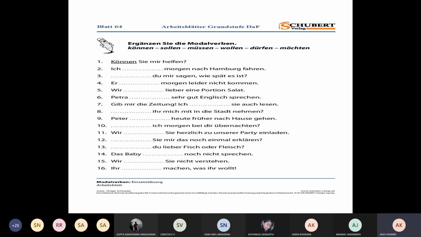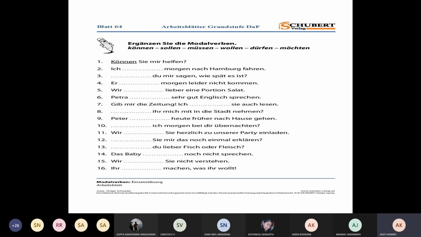Wir lieber eine Portion Salat. So it's about asking for food, and as I told you, in this context, we'll use möchten. So, wir möchten lieber eine Portion Salat. So we would like to have a portion of salad. Okay. Then next one, Petra sehr gut Englisch sprechen.